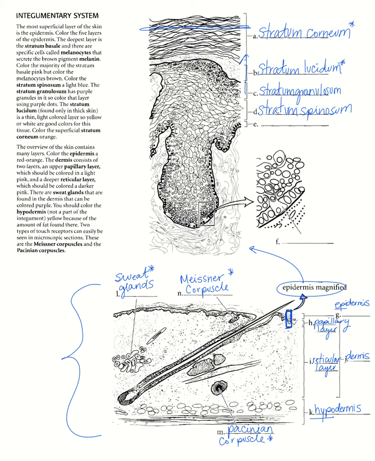and you can see that the stratum spinosum actually spans a larger area. It actually kind of dips like this. There we go. So this is one of the larger layers. And then finally we have our last layer, which is the stratum basale.